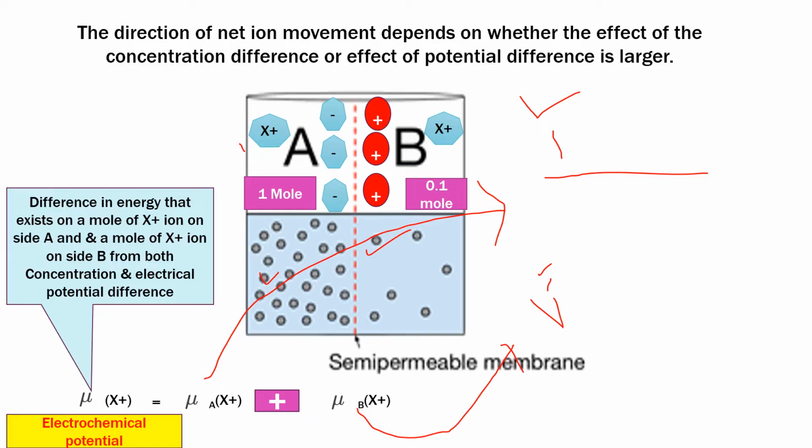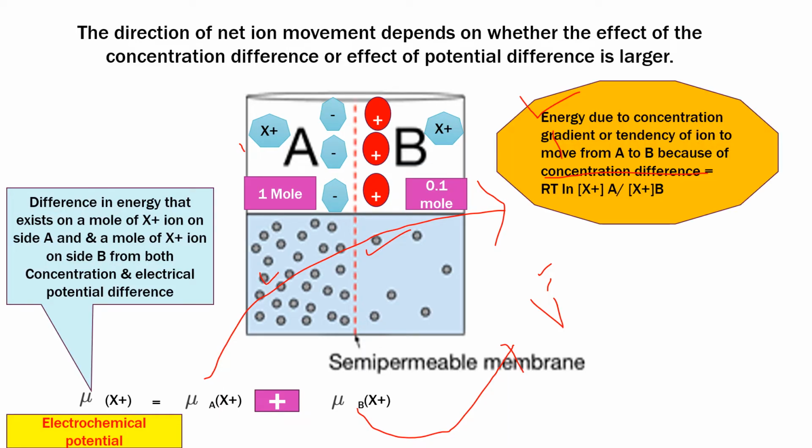It is the difference in energy that exists on a mole of X on side A and a mole of X plus ion on side B, from both the concentration and electrical potential difference. So on side A, on the X plus, we have the effect of concentration and electrical gradient.